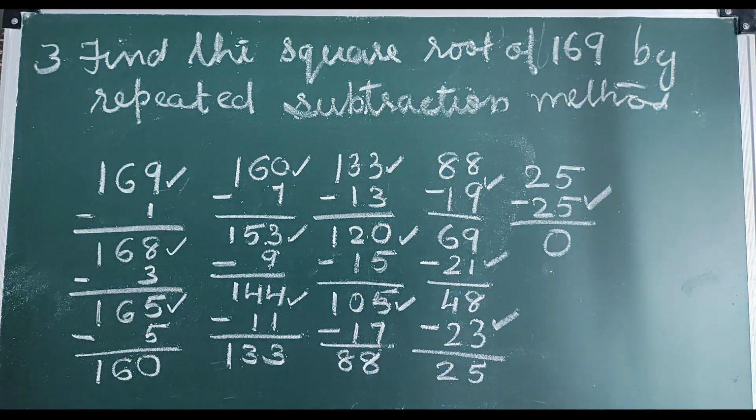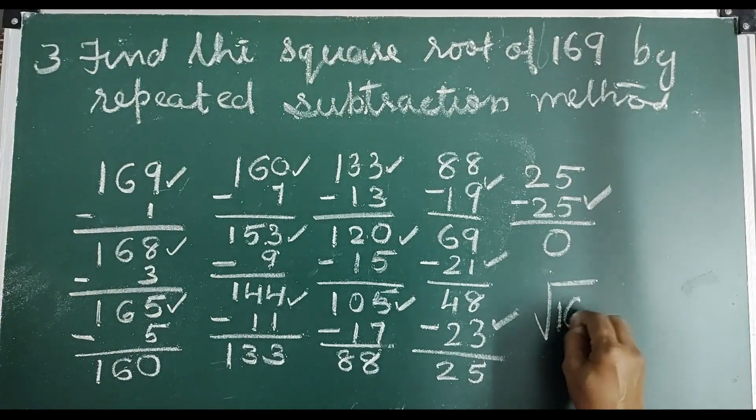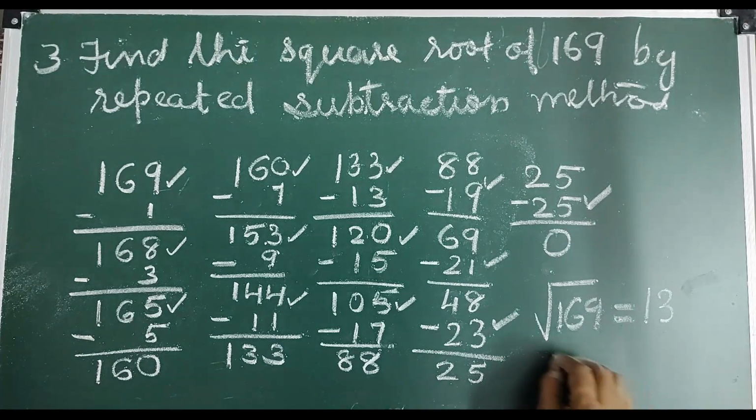There are 13 subtractions performed. So the square root of 169 is equal to 13.